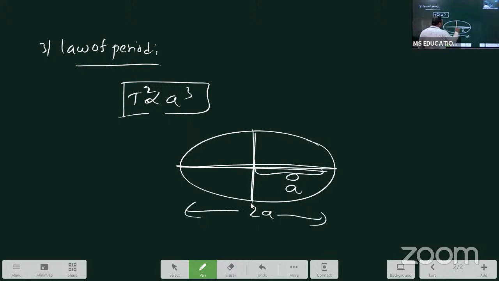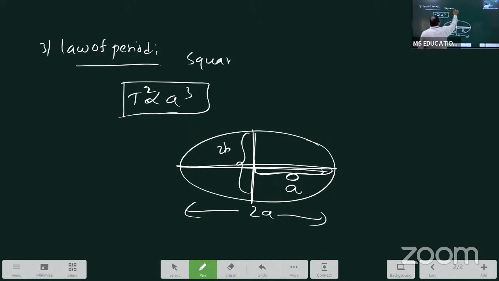This is the minor axis, total 2b. Our topic is the semi-major axis, half of the major axis. The square of the revolution time period of a planet is directly proportional to the cube of the semi-major axis.